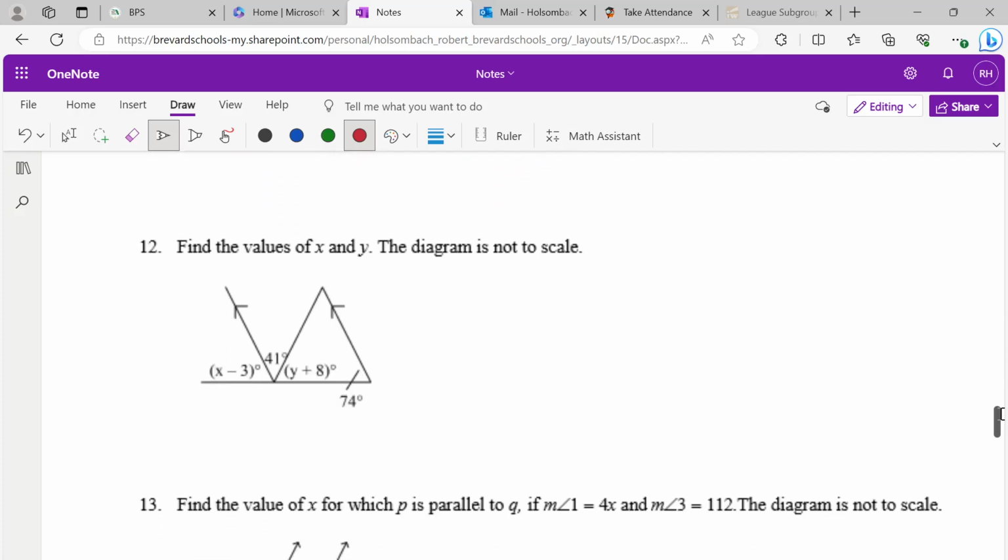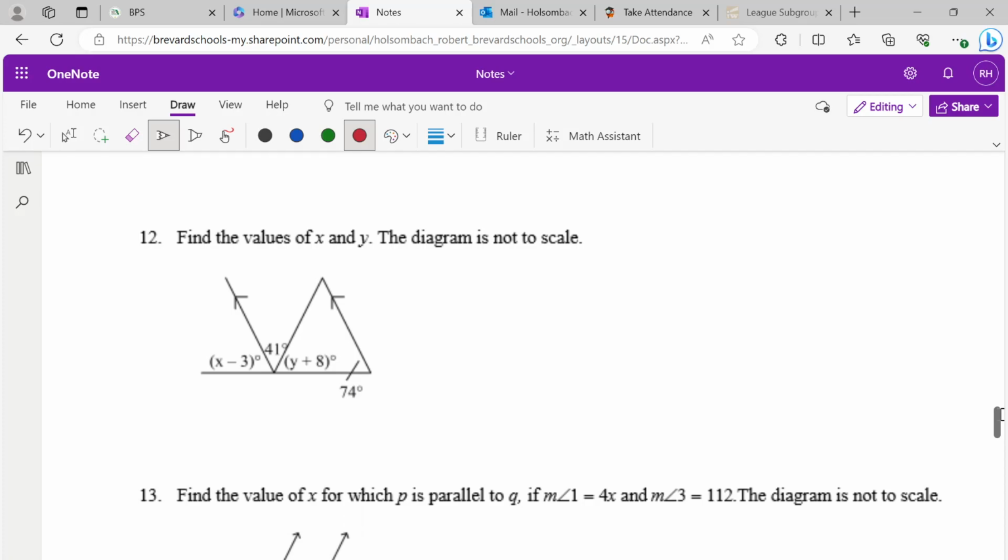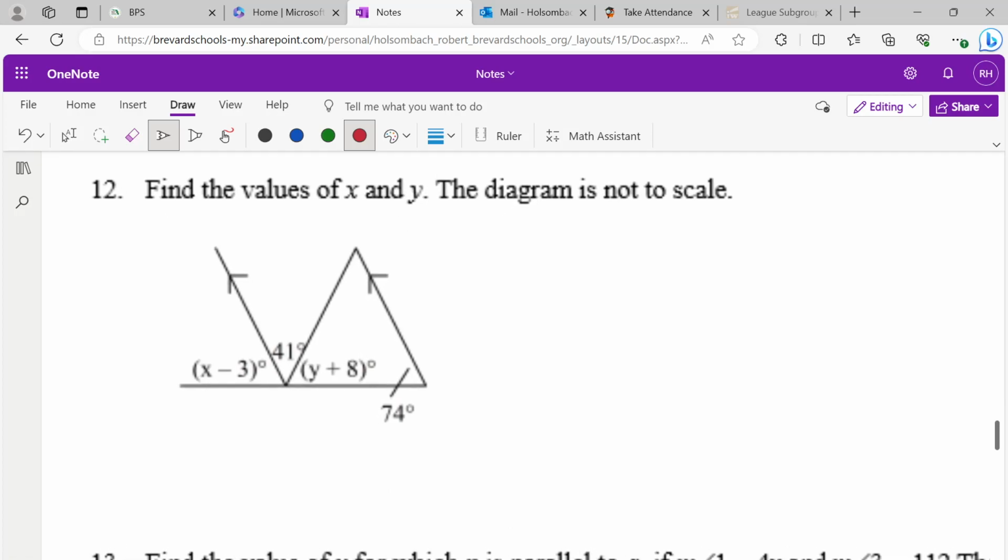All right, problem number 12. Find the values of x and y. The diagram is not to scale. In this diagram, I'm going to take this first diagonal and extend it. Then I'm going to take the second diagonal and I'm going to extend it.